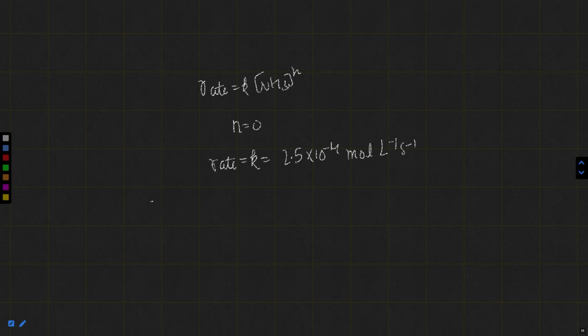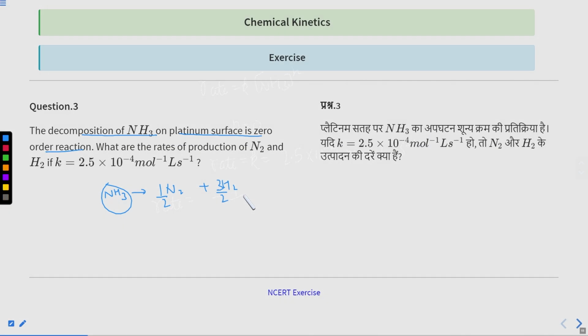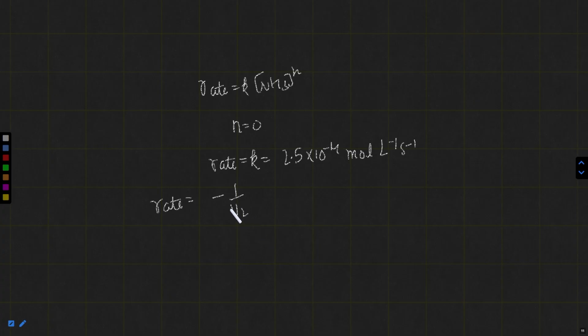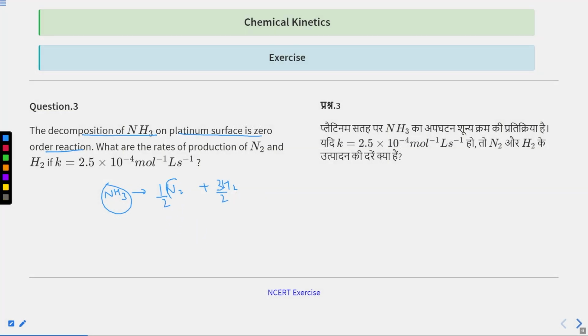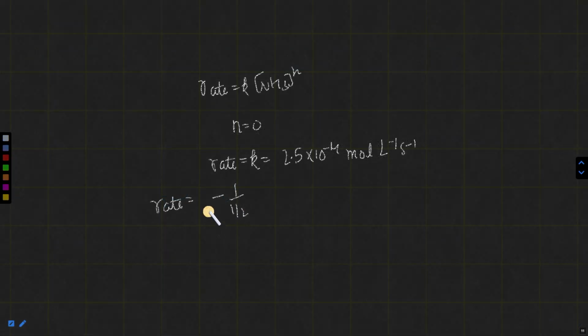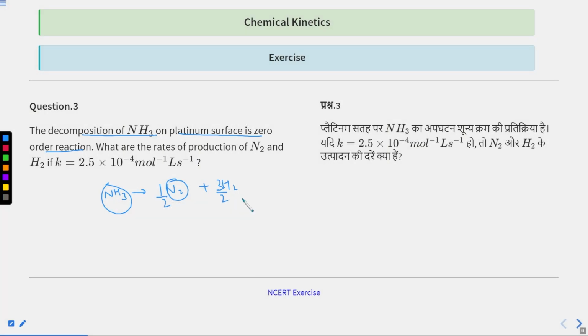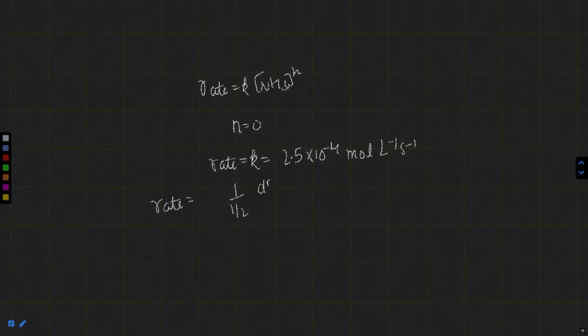Now we know that rate equals 1 by coefficient times dA by dt, the change in concentration by time. Suppose I'm writing it for N2. The 1 by coefficient is 1 by 1, and since N2 is a product, it will have a positive sign: dN2 by dt.